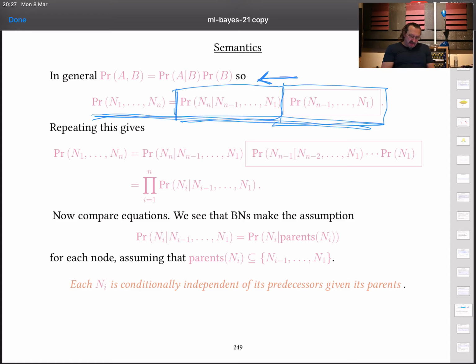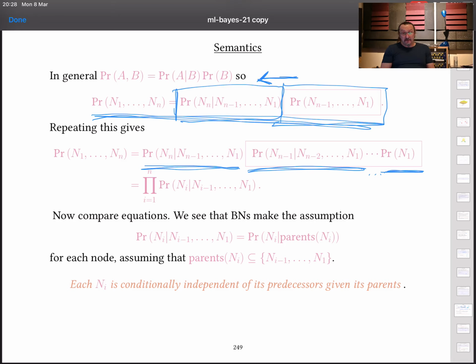So what that means is that I've got the probability of one of them conditional on the others, and then I get to pick one from the others. I have the probability of that one conditional on everything that's left, and so on, all the way down to the probability of just a single variable.